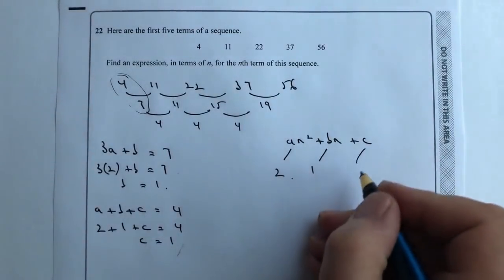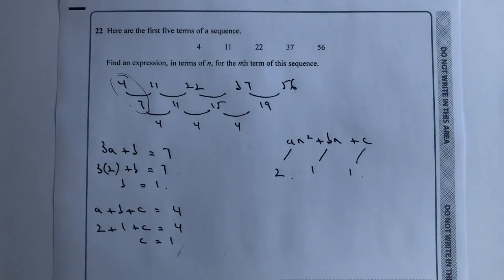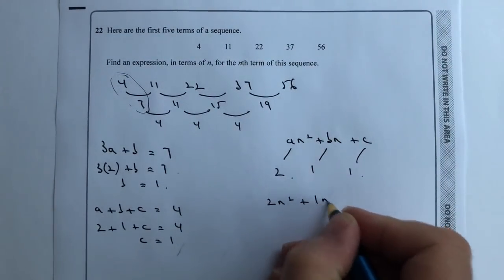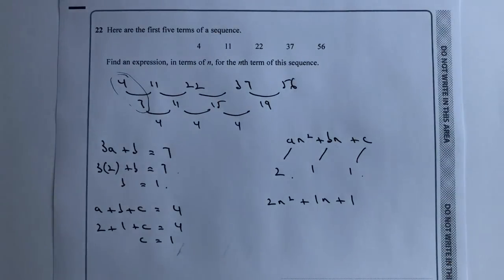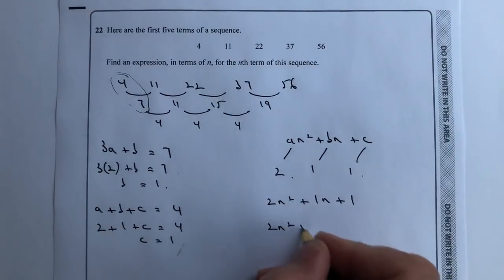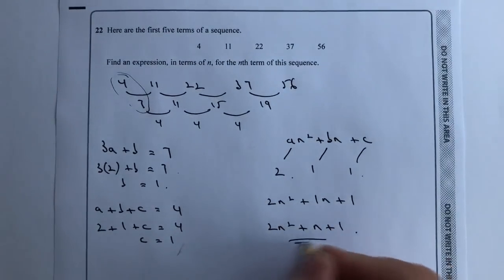So that's the final jigsaw piece. I can now write that out as a quadratic sequence of 2n squared plus 1n plus 1. In practical terms, we don't really write the 1n, we just write 2n squared plus n plus 1.